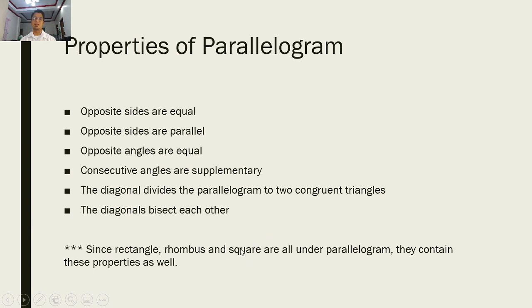So these 3 contain these properties. Hindi mo na kailangang isama ito pag dini-discuss natin ng mga properties nitong tatlo. Automatic dahil sa definition natin, ito na yung ating gagamitin, taglay niya na itong 6 na ito. I hope I'm making myself very clear here.